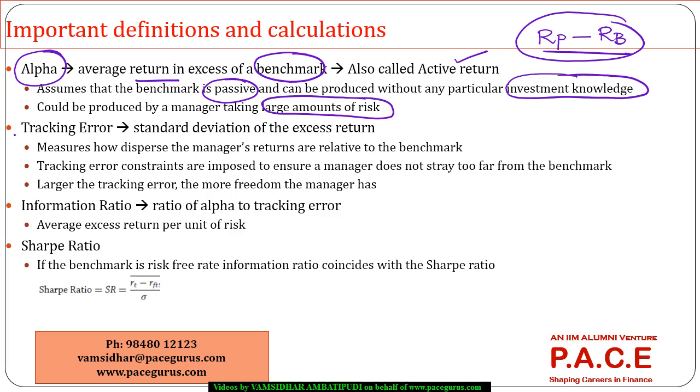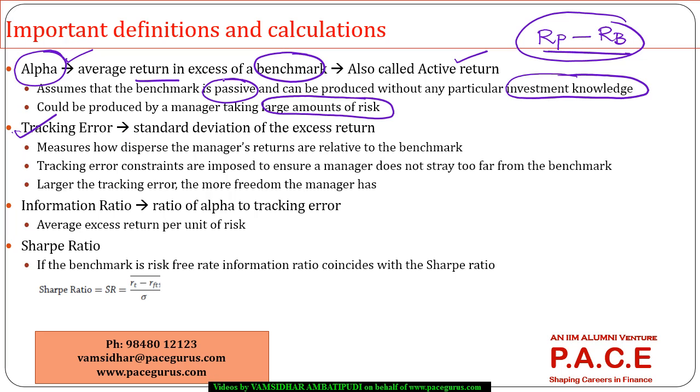Similarly, another important definition. Here the objective of every portfolio manager is to generate as high alpha as possible, but without taking too much abnormal risk.